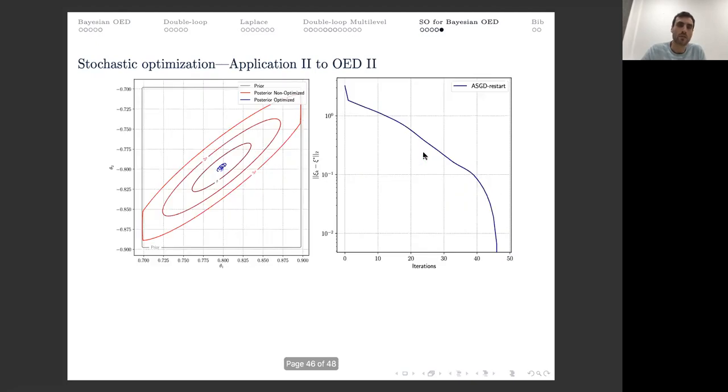On the left, you can see the gray one, which is a uniform prior. The red one is the posterior of the initial experiment, and the blue one, which is very concentrated, is the optimized posterior. And on the right, we have the convergence of the design variables.